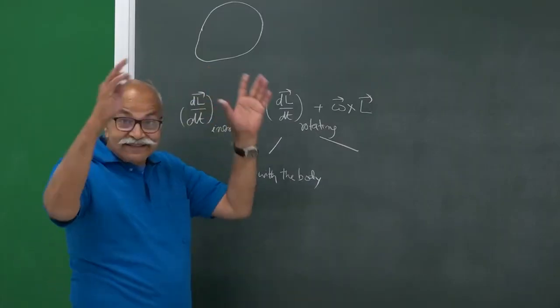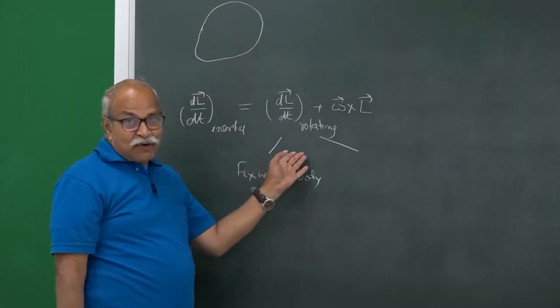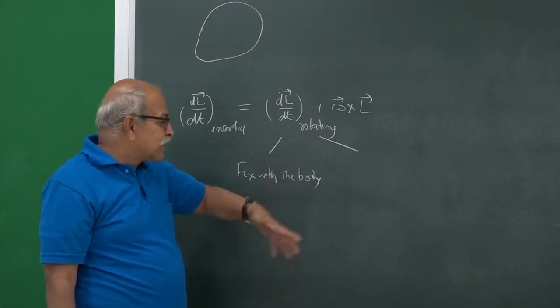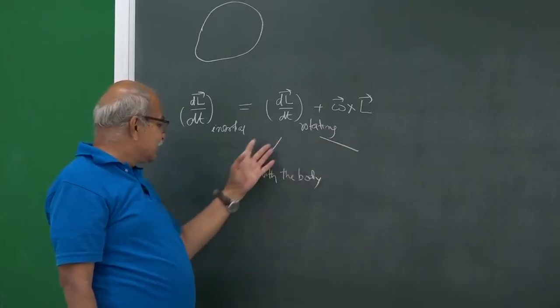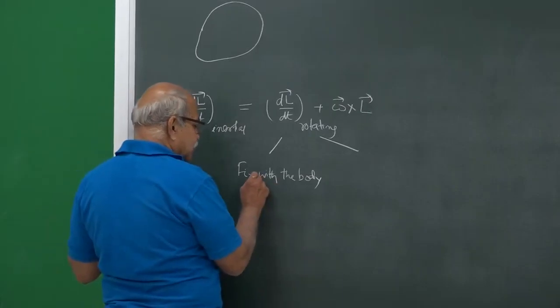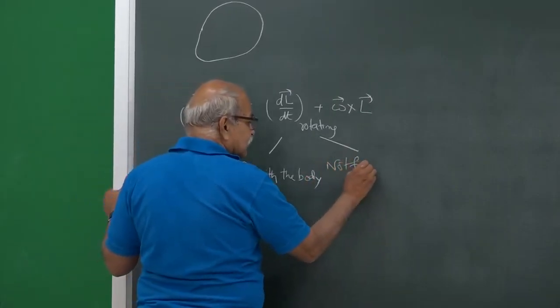They are not fixed in the inertial frame and they are also not fixed in the body. That is also possible, and sometimes that is more useful, sometimes this is easier. So, we will be using this: fixed with the body and not fixed with the body.